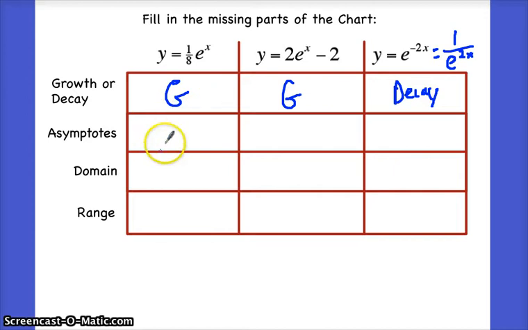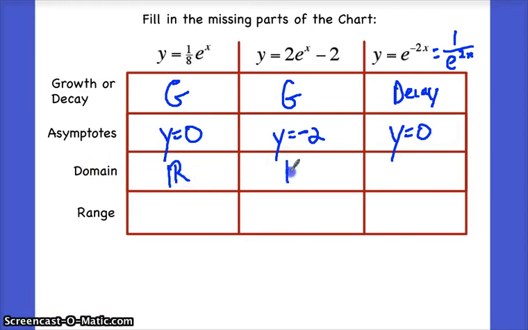The asymptote will still be at y equals 0 for any normal growth function. Realize here we've shifted down 2, so y is going to equal negative 2. And realize over here we didn't shift at all again, so y equals 0. The domain, it's still an exponential function, so all of these can still be all real numbers. Having e in the base doesn't change the fact that an exponent can't give you negative numbers, can't give you 0.